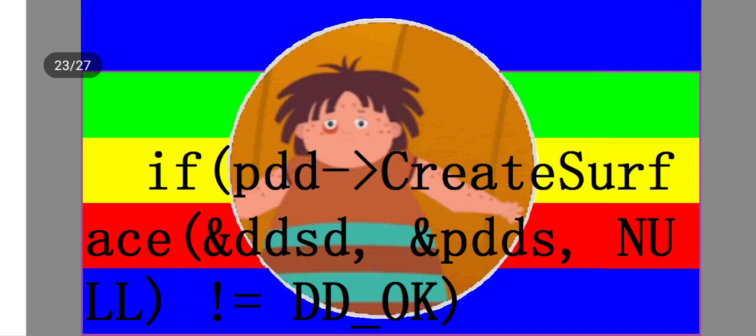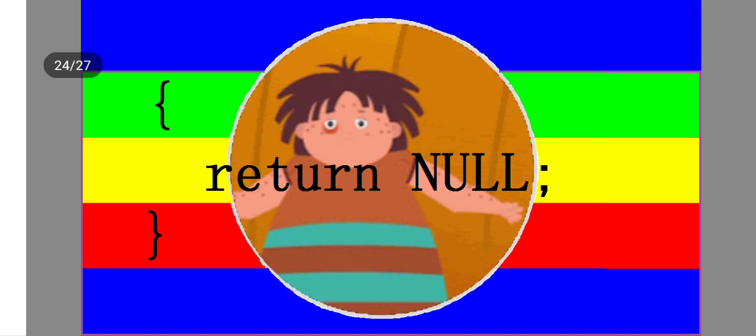If pDD points to CreateSurface, CreateSurface is a surface, ampersand ddsd, ampersand pdds, NULL, exclamation mark equal DD_OK. Return NULL.